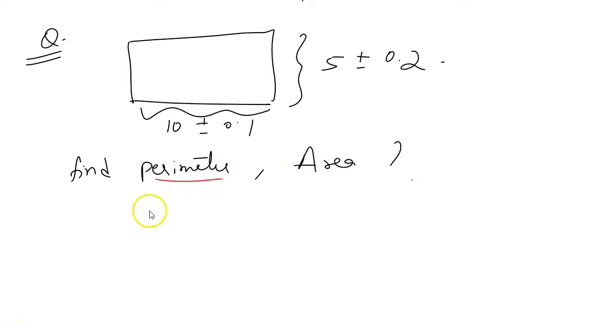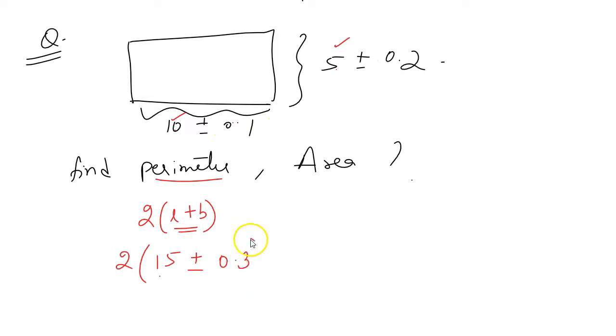To find the perimeter, we just do 2 times L plus B. Here there is an addition operation, so their errors will just be added up. I will add their main values, so 15, and then I will add the errors, so 0.3. So it will be 30 plus minus 0.3.